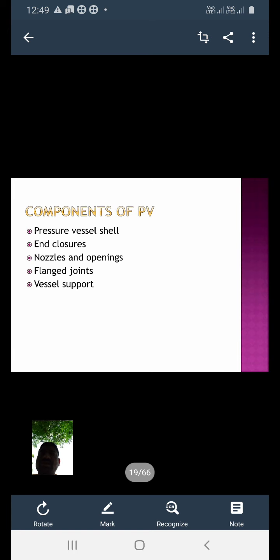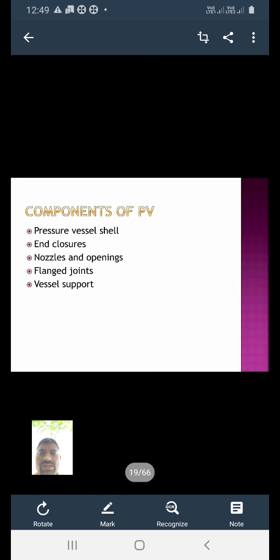Today's lecture will be on the components of the pressure vessels. Which components are included in the pressure vessel? The shell of the unfired pressure vessel. Then there are different types of end closures used.